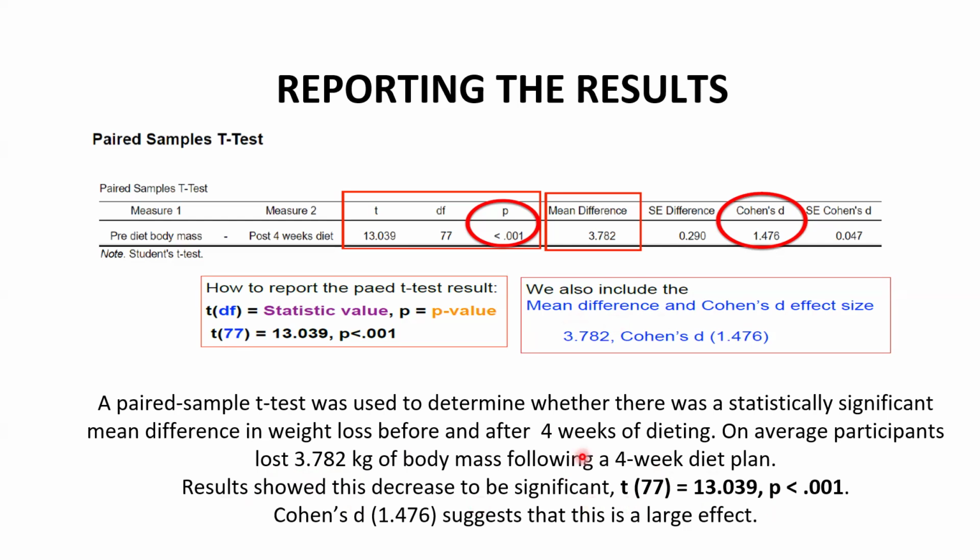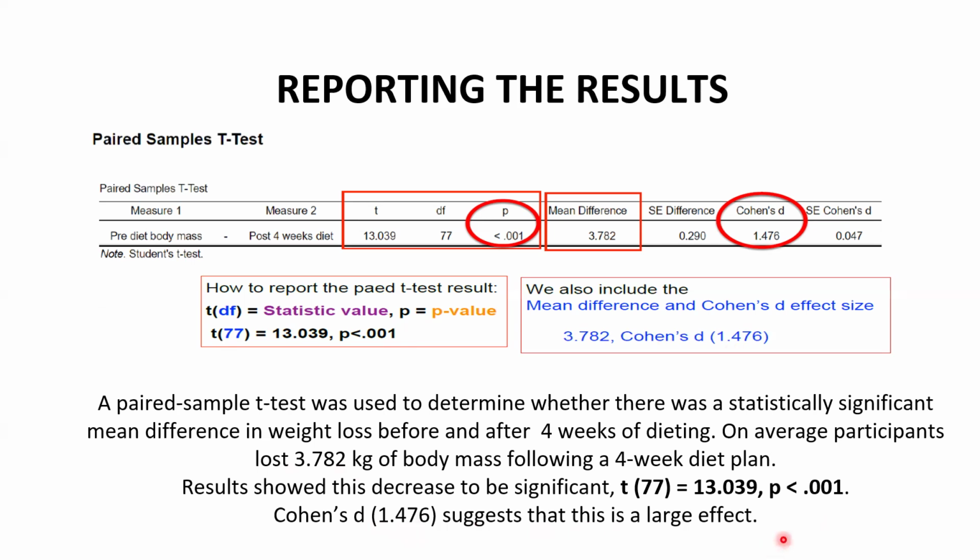Then copy these values that we need to support our claim that the decrease is significant, with a p-value less than 0.001. And don't forget to include Cohen's d of 1.476, suggesting that this is a large effect.